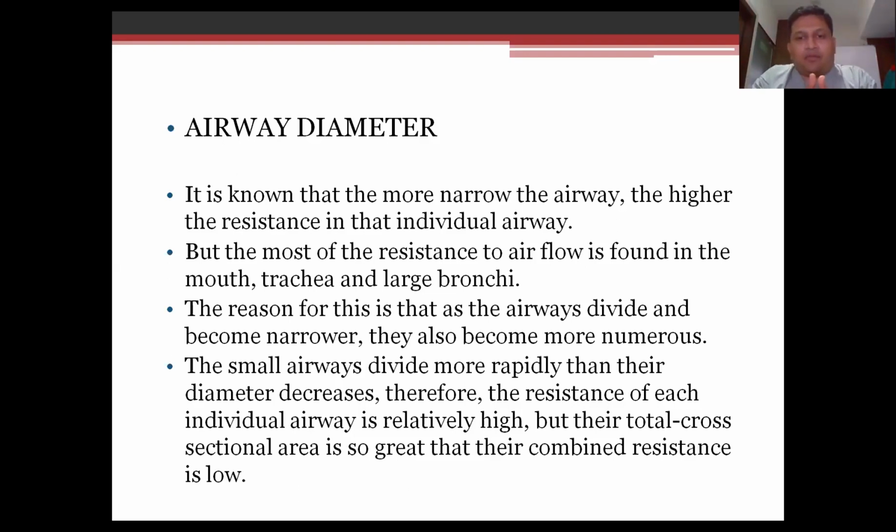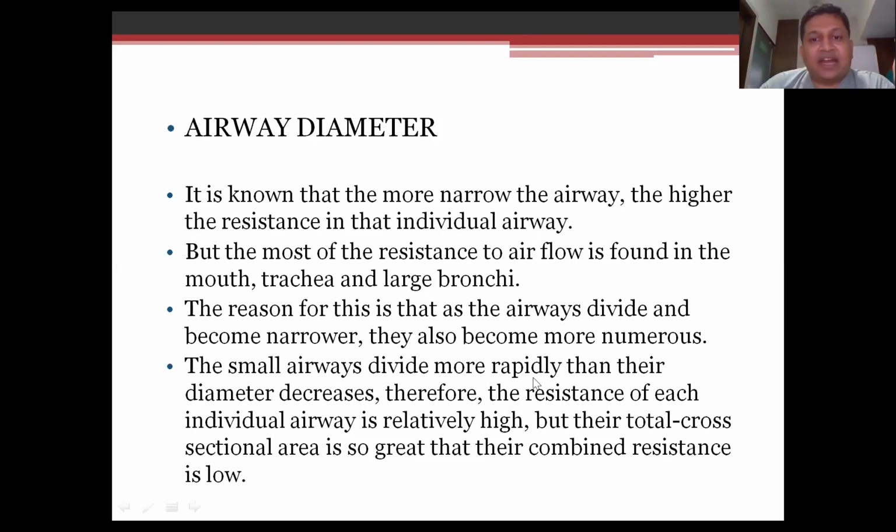But what happens in our respiratory system in the periphery, as I explained, is that there is less resistance, because as airways divide and become narrower, they become more numerous. If you put their cut surfaces together, the opening is so large that the air can travel very easily.